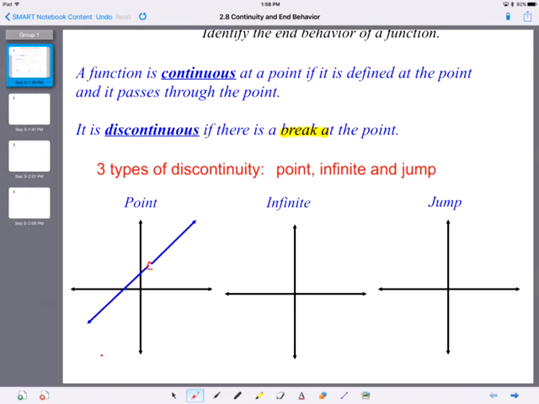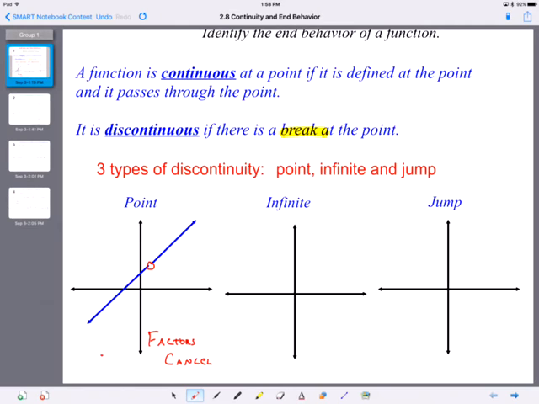Alright, we have a hole in the graph, or a point of discontinuity. So when does that happen? Well, in the last section we talked about where these holes in the graph occur. These holes in the graph occur when you have factors that cancel. So when you have factors that cancel, you'll have a hole in the graph. Okay, so that's point discontinuity.